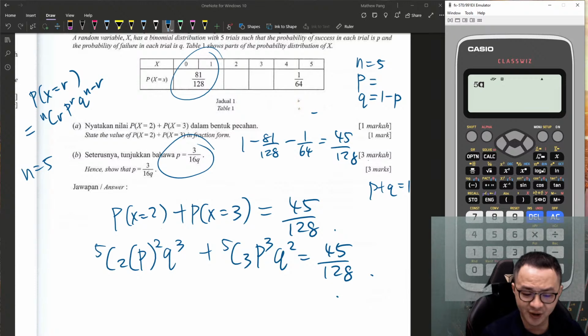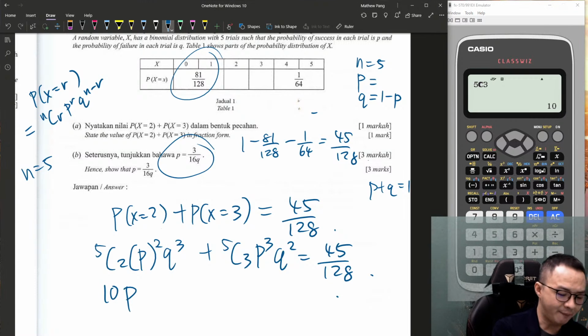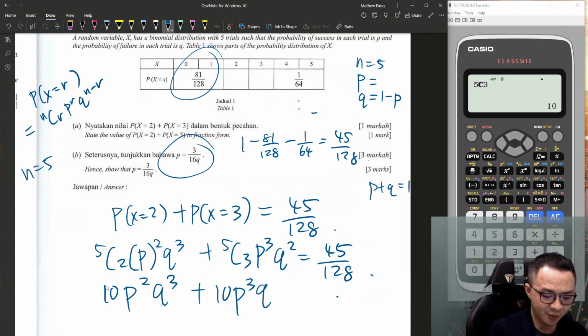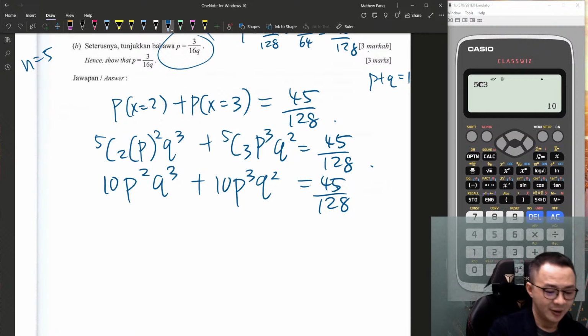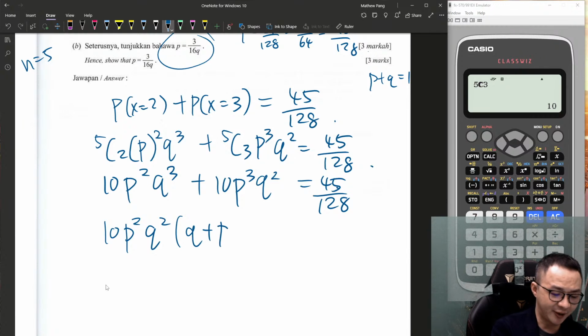5c2 and 5c3 is the same value, 10. If 5c3 also is 10, right? Yeah. So this is 10p squared q cubed plus 10p cubed q squared equals to 45 over 128. So for this one, I factorize out 10p squared q squared. I should get something like q plus p.